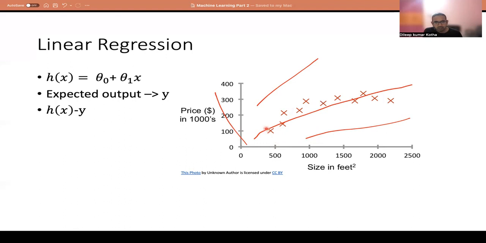And if we draw a straight line like this, which is our hypothesis, and we calculate h of x, which will be the calculated output, then the calculated output minus real output will give us how much our hypothesis function is deviating from the original result.